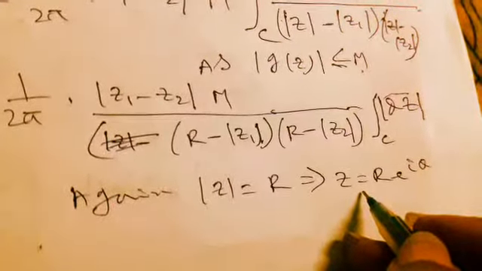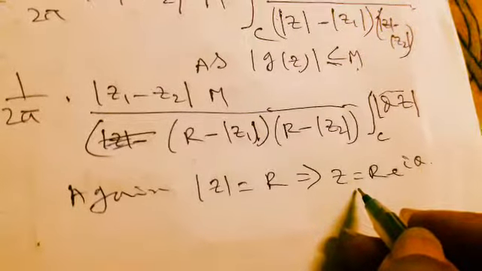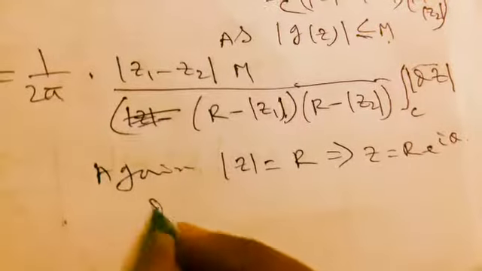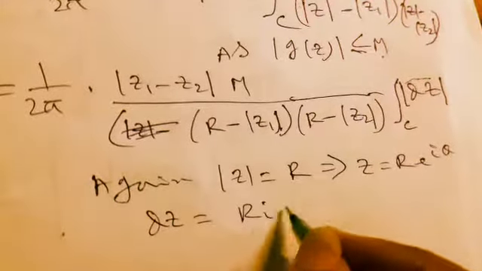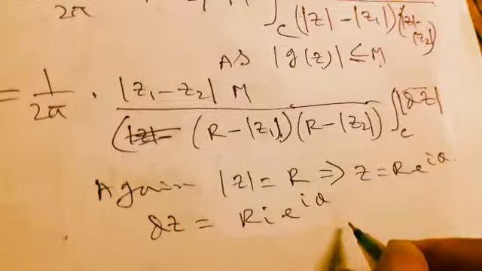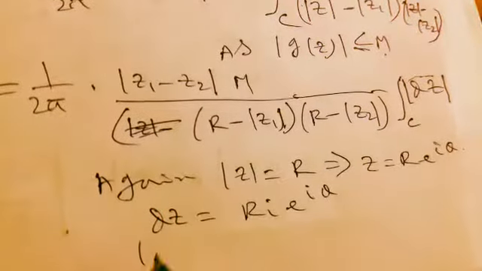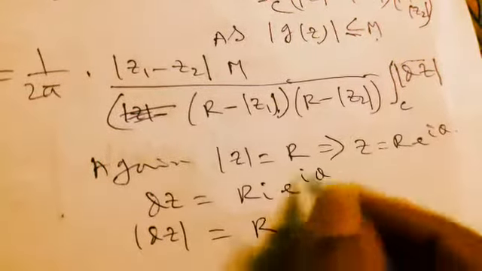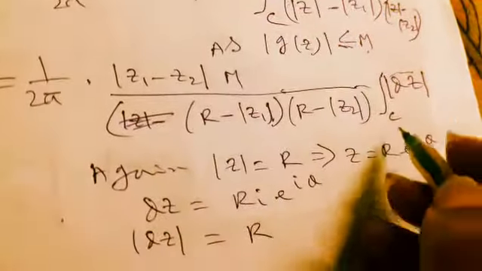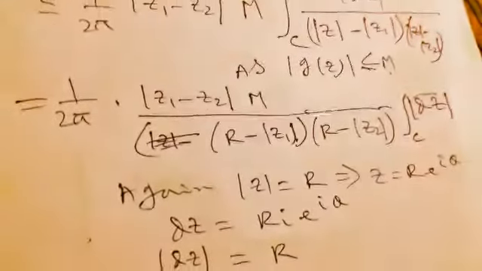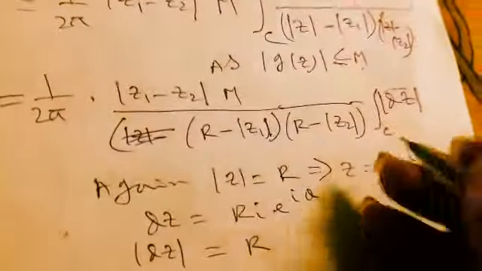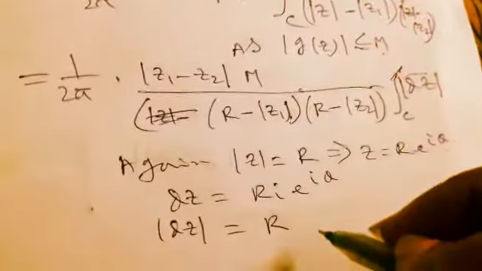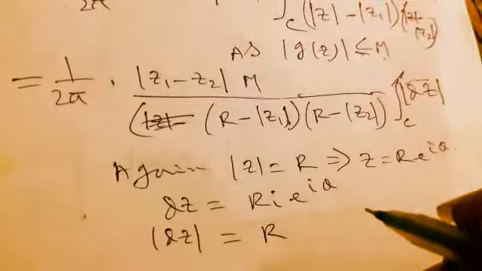Let us consider z equals R e to the power i theta, then mod z equals this, so dz equals R i e to the power i theta, simply calculated here. So mod of dz will certainly be R, mod of i is 1, and the range will be 0 to 2 pi, because C is the closed contour, so the curve is already considered as 0 to 2 pi. We are using this result.